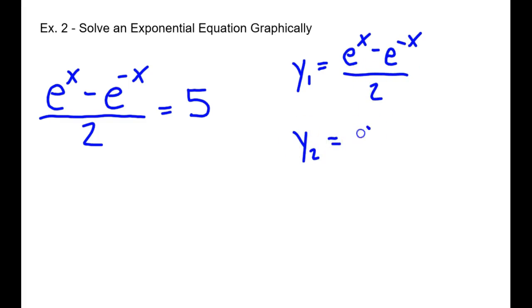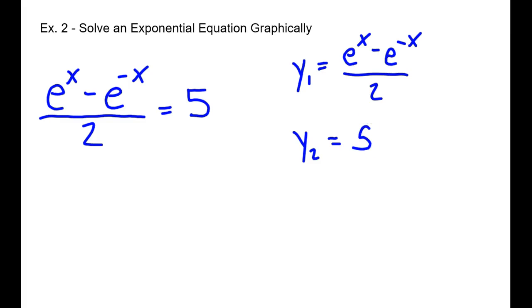Example 2, now we're going to solve an exponential equation graphically. This one, if we tried to solve it algebraically, is actually really complicated. So we're just going to use a graphing calculator to gain an approximation for this x value. So what you would do is use your calculator, go to your graph, in y sub 1, type in e to the x minus e to the negative x, divided by 2, and then y sub 2 is going to be equal to 5.